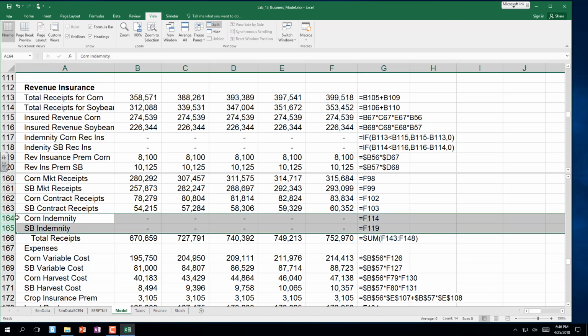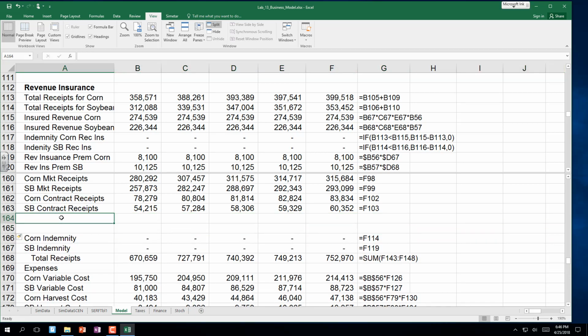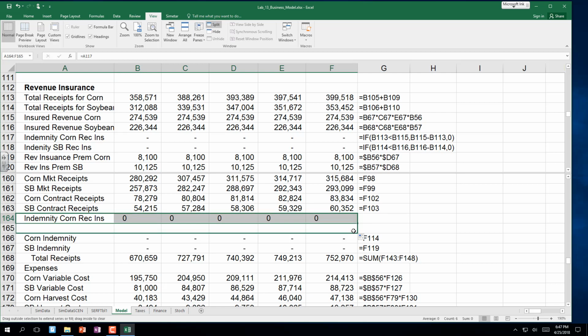So I'm going to highlight 2 rows there, insert that, and I'm just going to say equal. I'm going to click on that A117 because it has the title on it, right? Don't have to retype the title. And I can drag that across, and then I can drag it down.